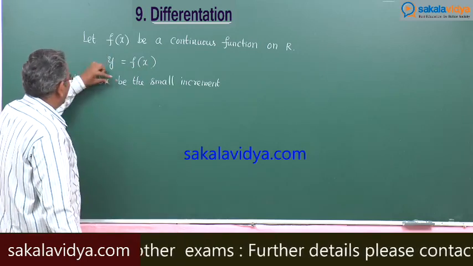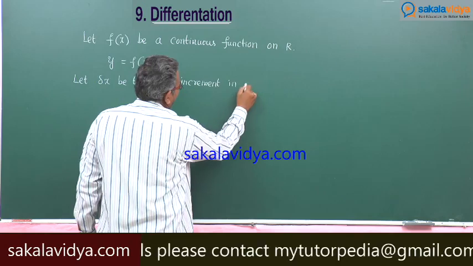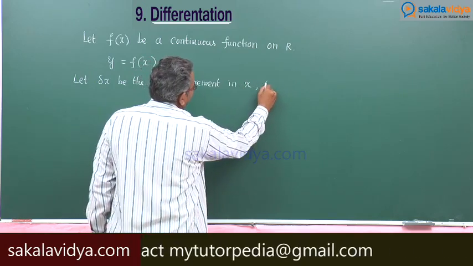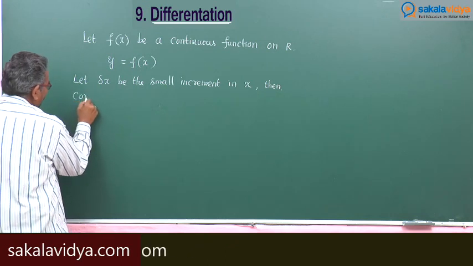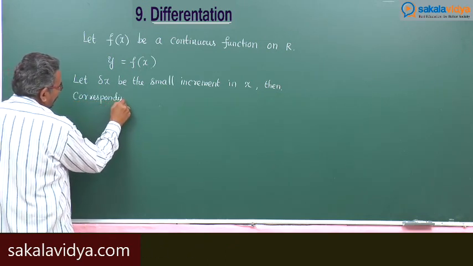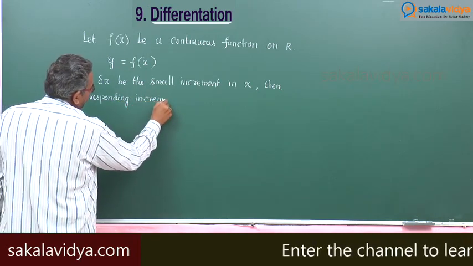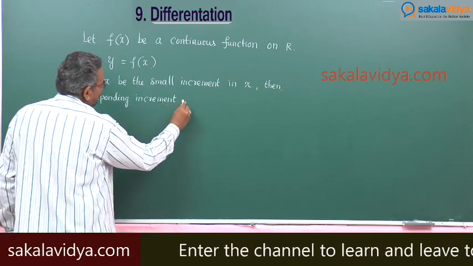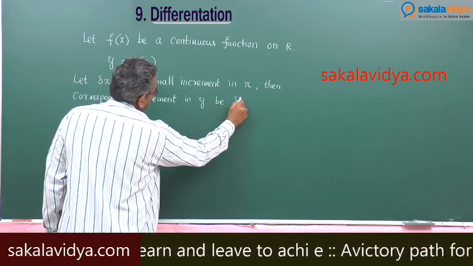So, let delta x be the small increment in x, then the corresponding increment in y be, say, delta y.